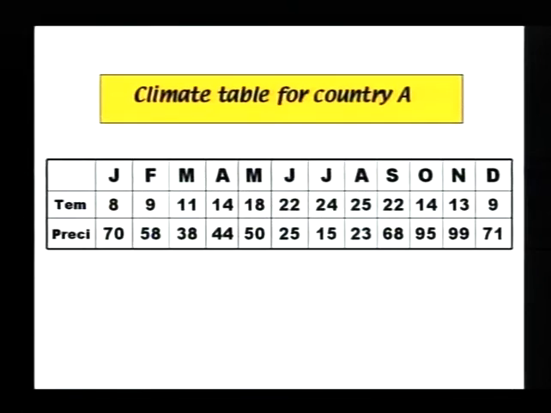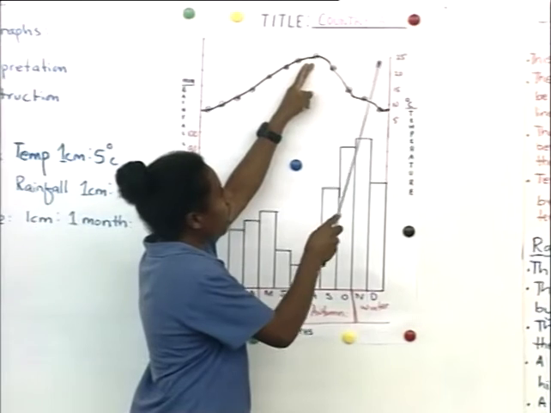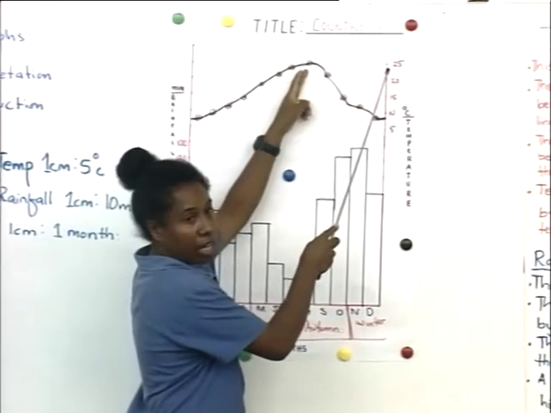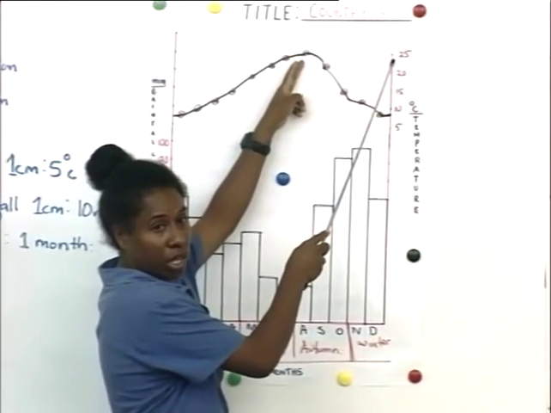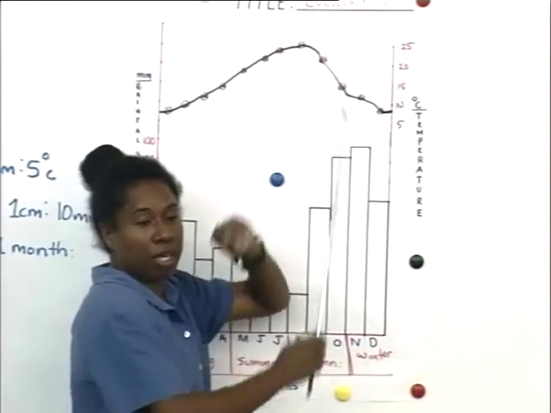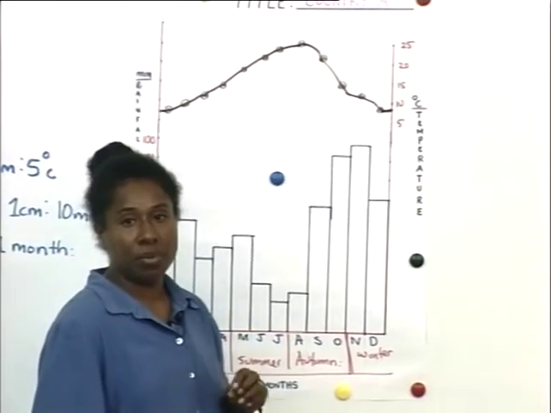And also from the table, you remember the table that you used for the construction? By looking at the table, you didn't need to actually work out by trying to rule across and then check. You can just use the table to come up with your answer. And the answer should be 25 degrees Celsius.